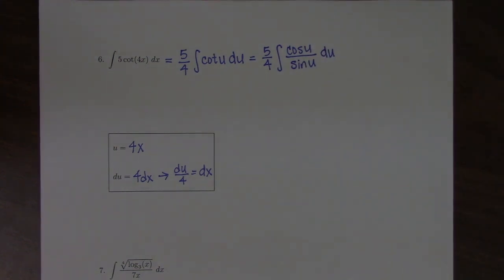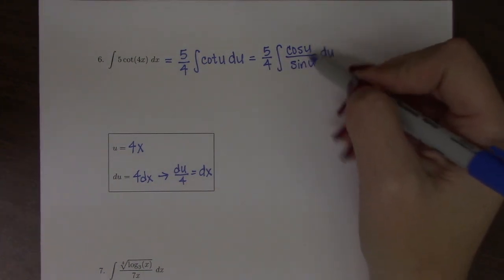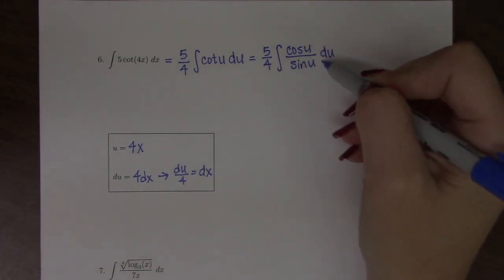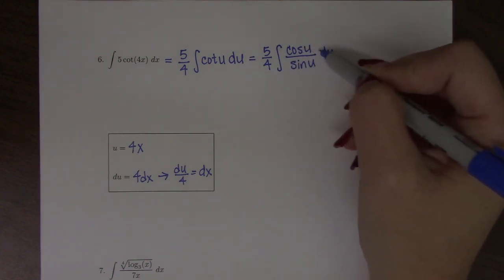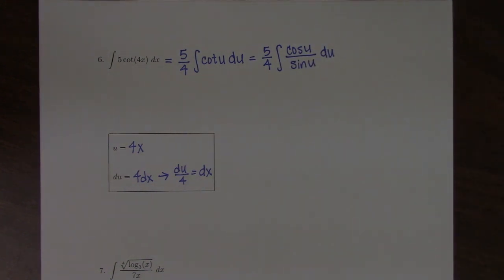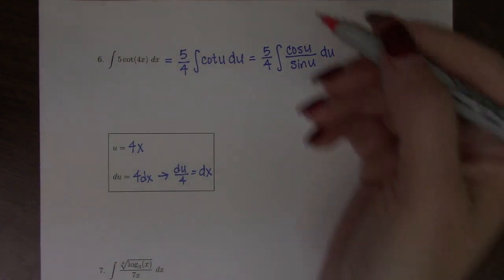So this one's actually going to require a double substitution. I know that sine and cosine are the derivatives of each other, and so if you have to make a choice here, you always want the denominator to be the thing you substitute because you need the derivative to be on top. So now I'm going to substitute again. I'm going to pick a new letter.